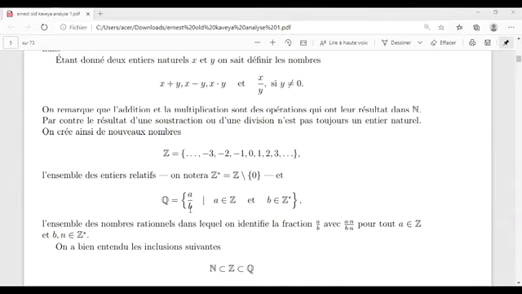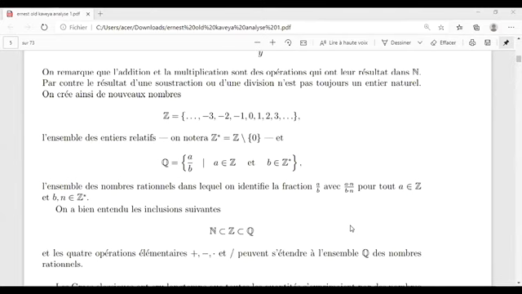For example, we have a over b, avec a fois n, b fois n, où tout a appartient à l'integer et b et n appartiennent à Z étoile. Pourquoi? Because here we cannot have any of these numbers equal to 0. So you see the importance that we have here. A can belong to an integer, but b and n should never be 0. They can belong to an integer with an exception of 0. Voila.